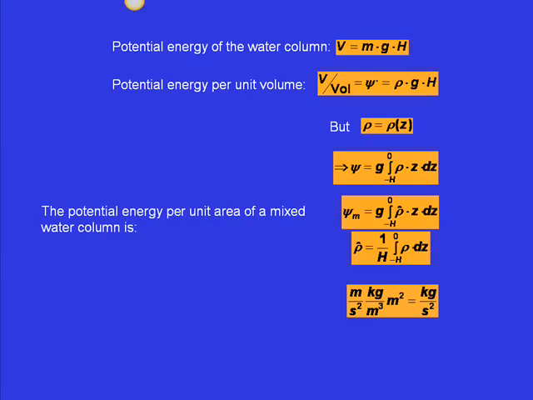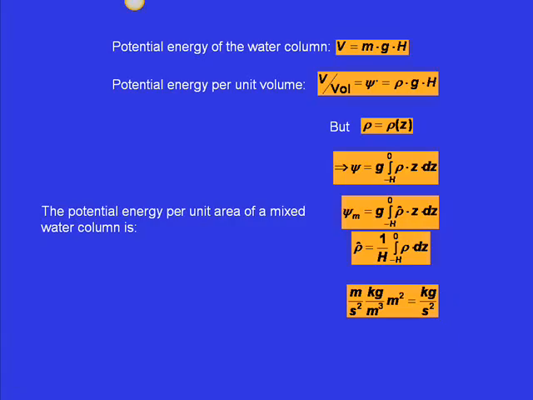So what are the units of this? Potential energy per unit area. So you see gravity has meters per second squared. Density is kilograms per cubic meter. And then we have meters squared here. So that gives us kilograms per second squared. And if you work out the unit, you can see that that's energy per unit area. Remember the units of energy?